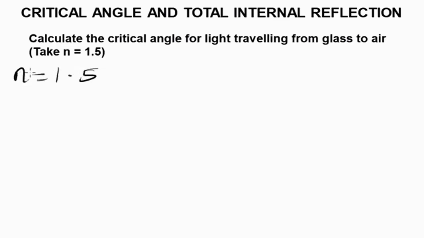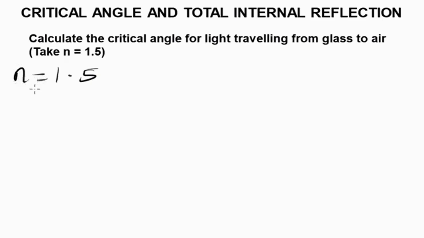Again, it's important you note that critical angle is the incident angle at which the angle of refraction is 90 degrees when light passes from a denser medium to a less dense medium. Thus, it could be from glass to air.